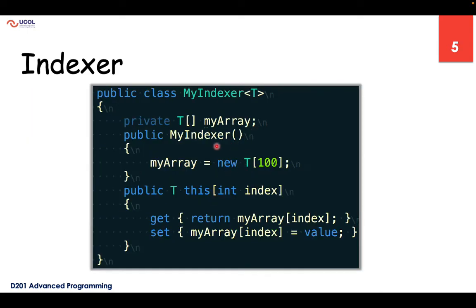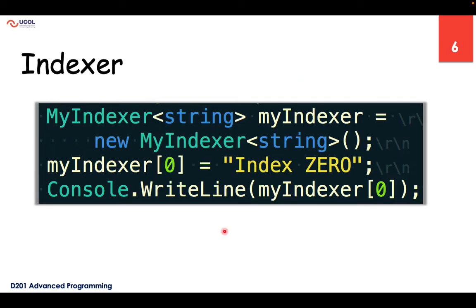Now we have MyIndexer, and we are initializing it with a total of 100 elements, and we have defined the get and set accessors. Here we are using that indexer.